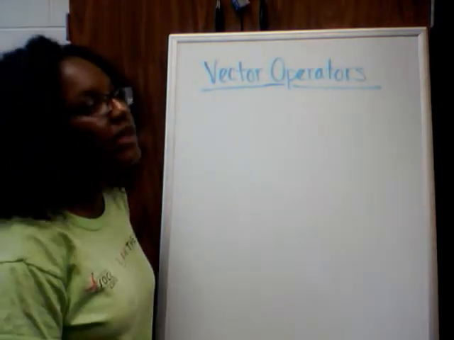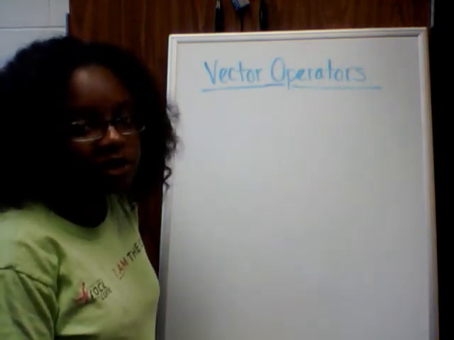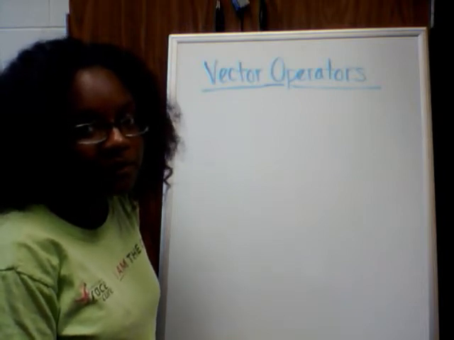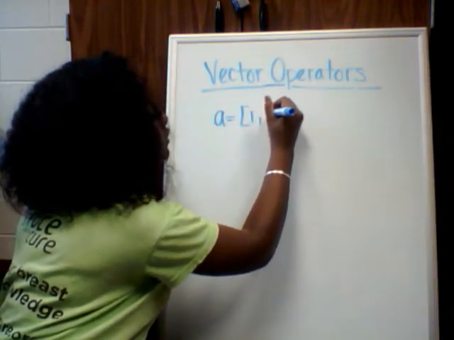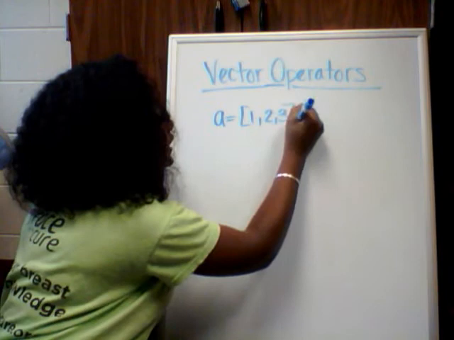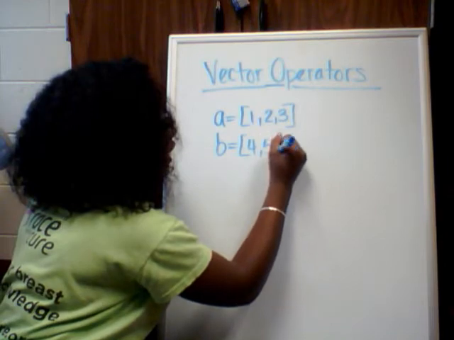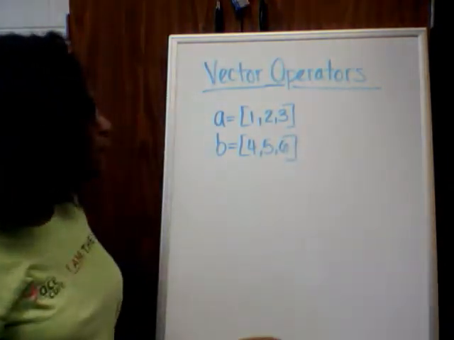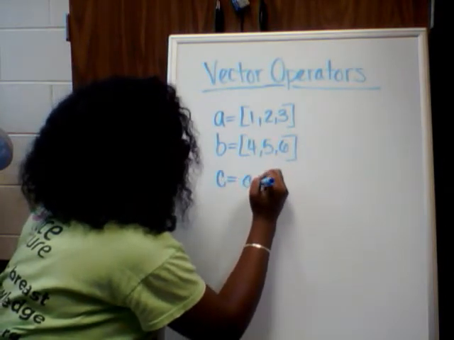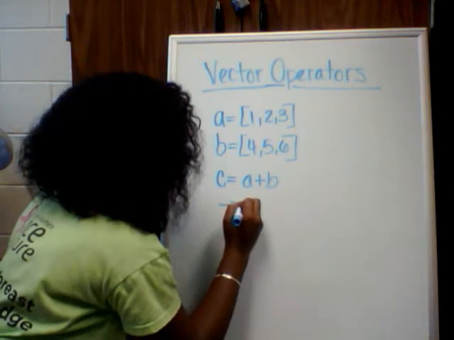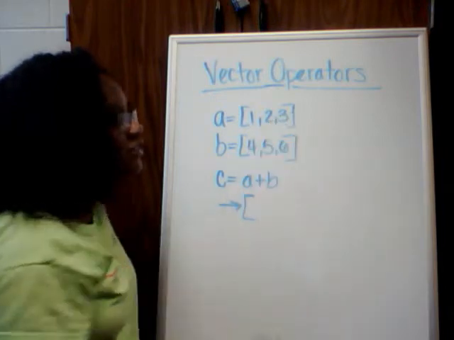To begin with, addition and subtraction are simple as normal. When you input the vector, it's going to automatically go element by element. For example, if A equals 1, 2, 3 and B equals 4, 5, 6, and I add these two vectors as C equals A plus B, then C would simply go element by element, by each index.